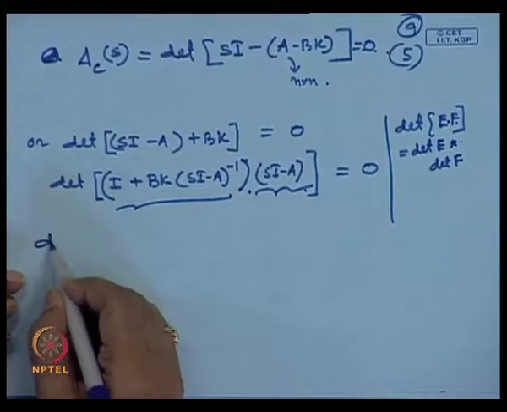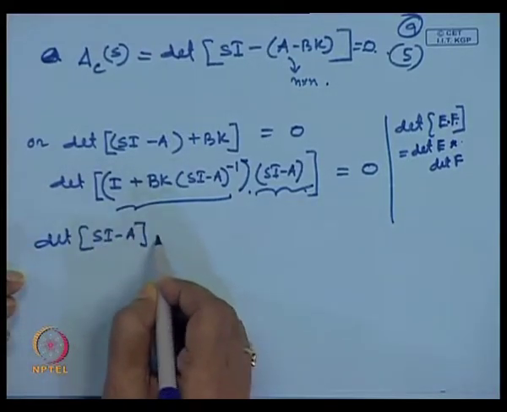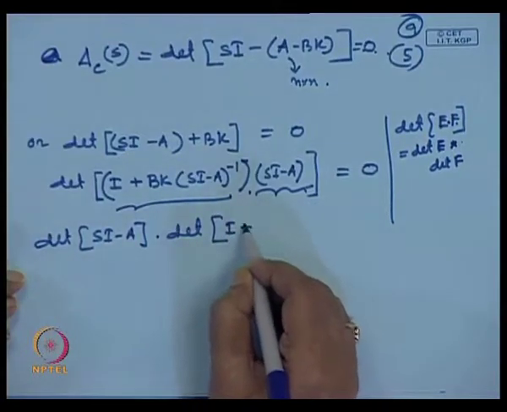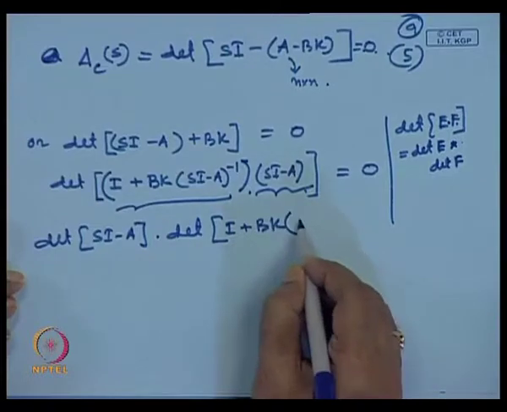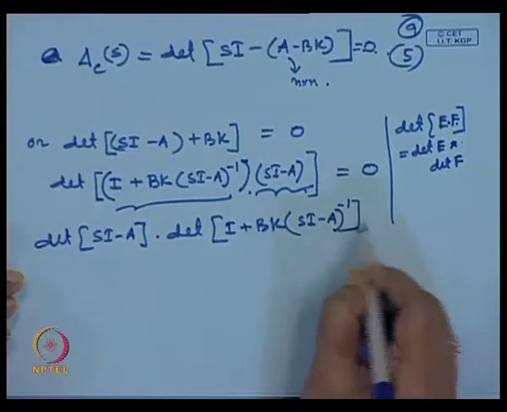So you will write determinant of s I minus A into determinant of I plus B k into (s I minus A) inverse, equal to 0.